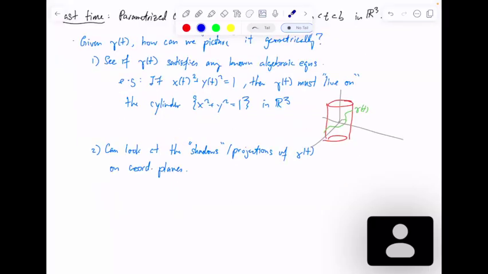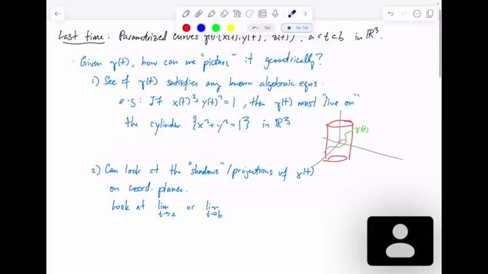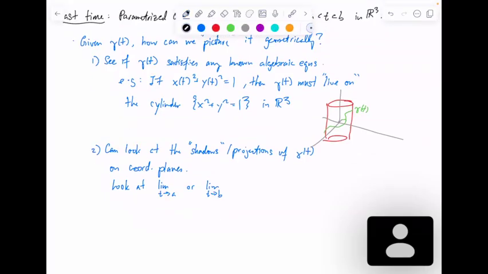Looking at the shadow, you might get a sense of the bounds of gamma of t. You could also take the limit as t goes to a, or as t goes to b, where the endpoints or domain are, to qualitatively see how gamma behaves.